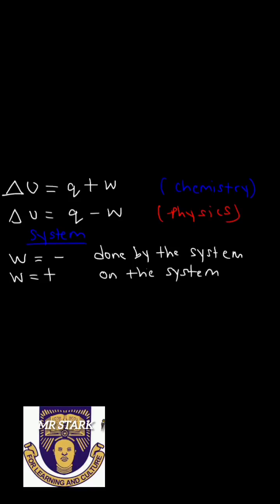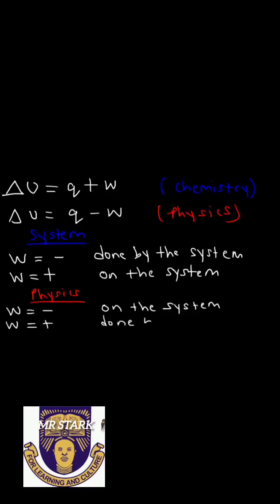Now in physics, it's different. We take the surroundings point of view in physics. So W is negative when work is done on the system, and W is positive when work is done by the system.